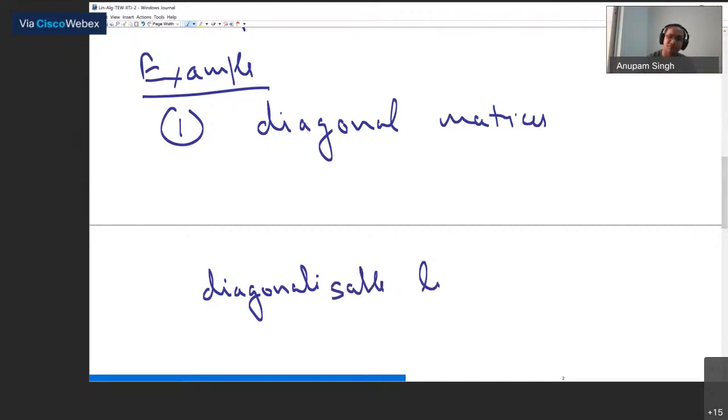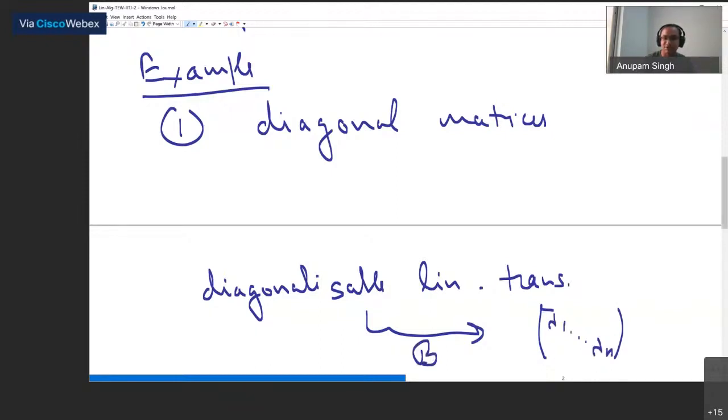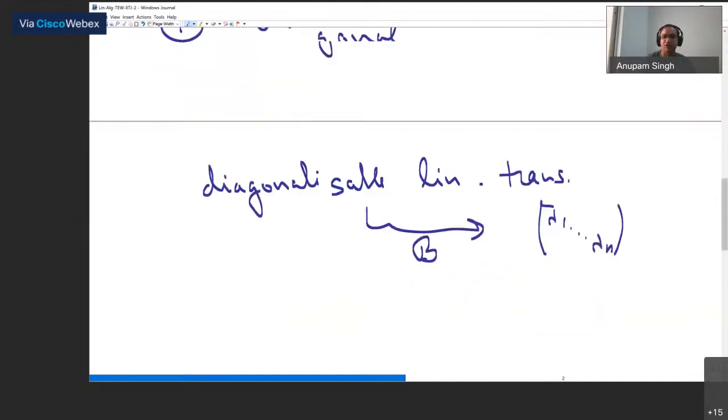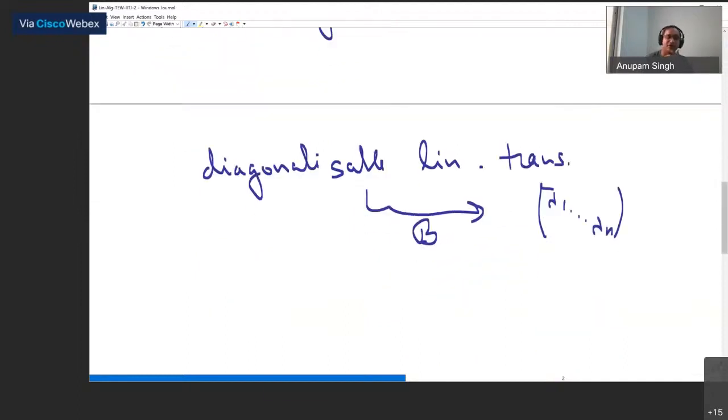That means that you can find a nice basis to get a diagonal matrix, right? This is the meaning of diagonalizable linear transformation. The important thing is to find this basis which gives me this. So in fact, the interesting thing is that we can classify this kind of matrices only knowing some property of its minimal polynomial, right?